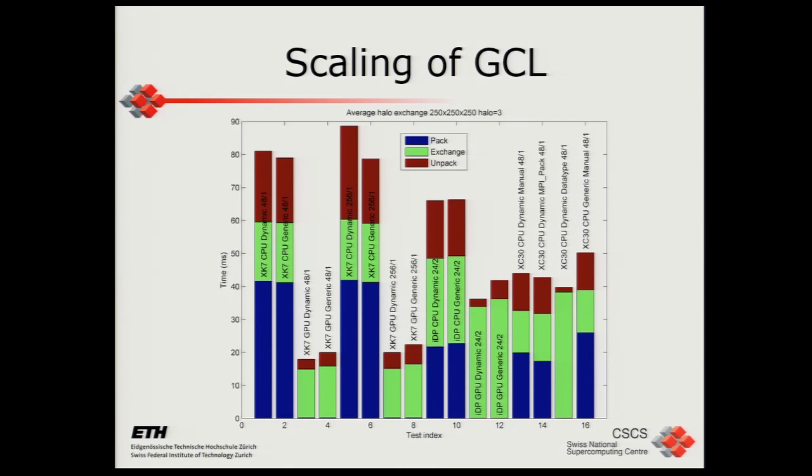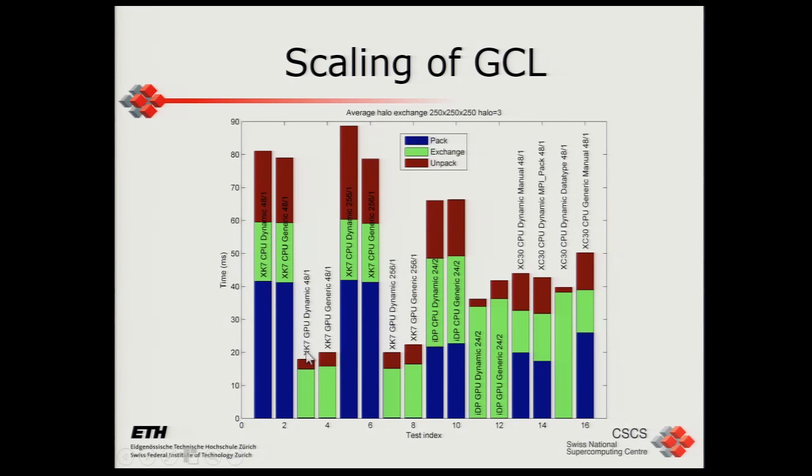So let's see the scalability of this, GCL. If we take 250 by 250 by 250 3D arrays with 3 elements of halo all around, and all the dimensions are wrapped around, so it's like a torus communication, and we run on 48 processes on an XK7, we can see that packing time and unpacking time are actually larger than the exchange time on the CPU.